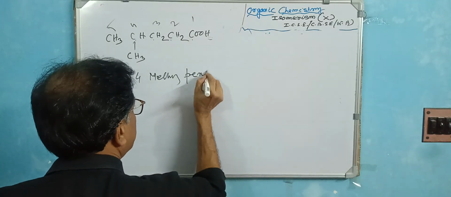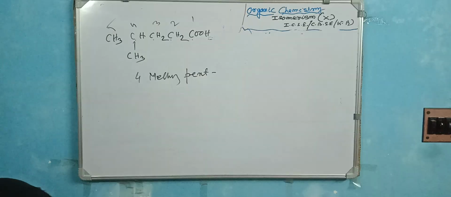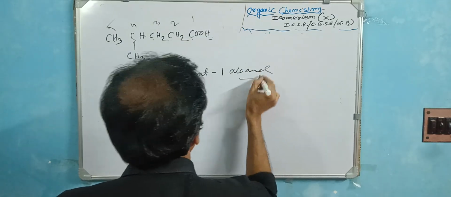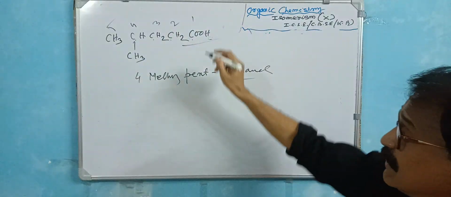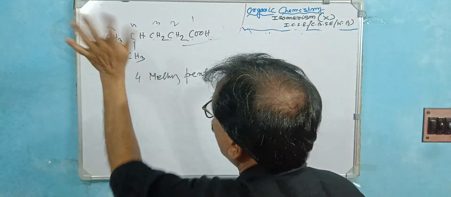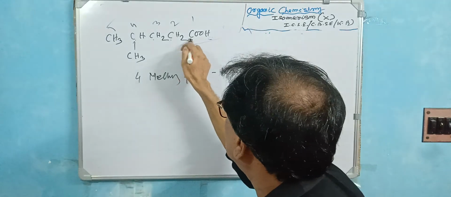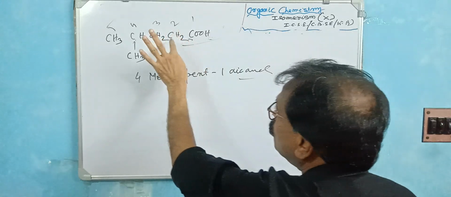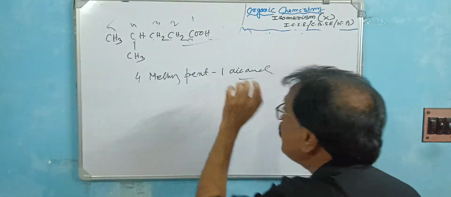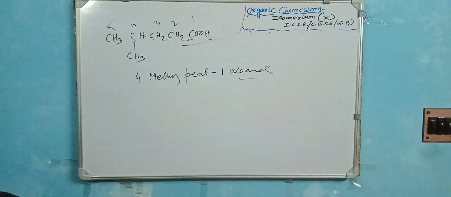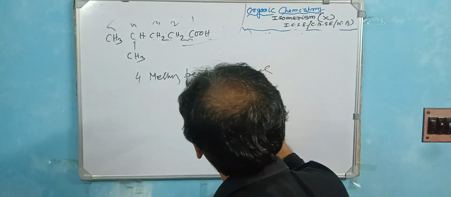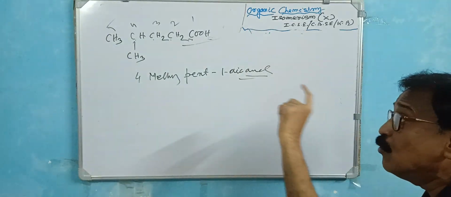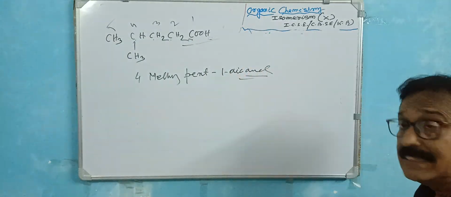Pent-1-oic acid. At the first position is the acid group. So 1, 2, 3, 4, 5. First position is the acid, so the methyl is at 4. So 4-methylpentanoic acid. The naming has the one position, 1-oic acid. Is that clear to you?